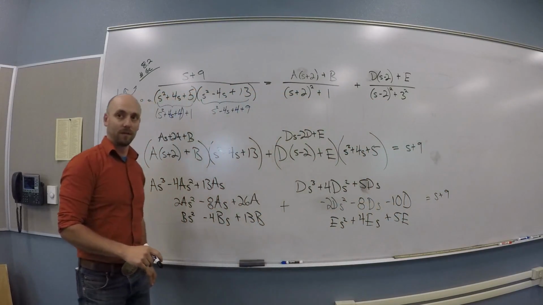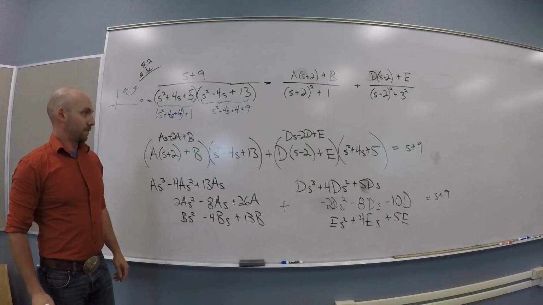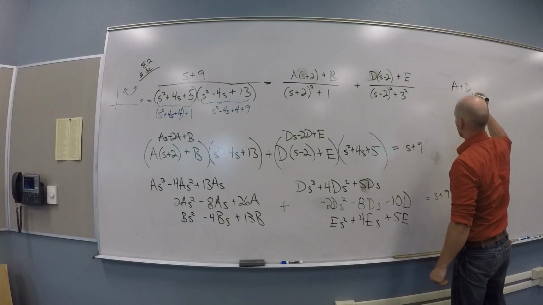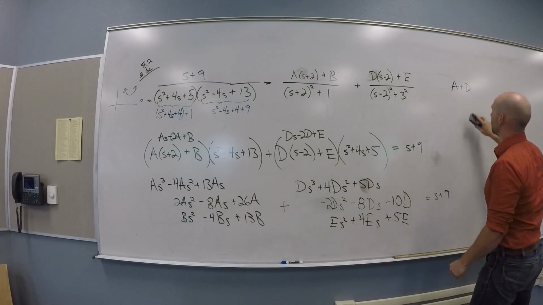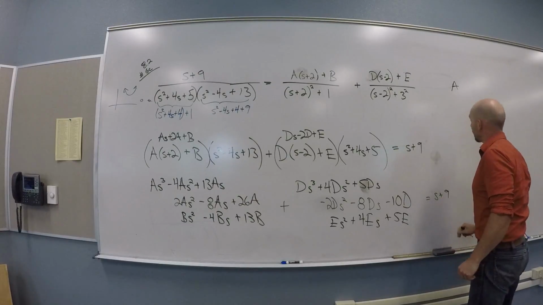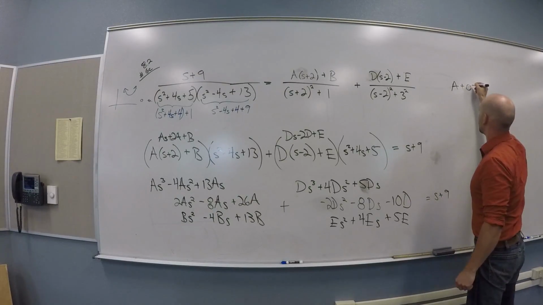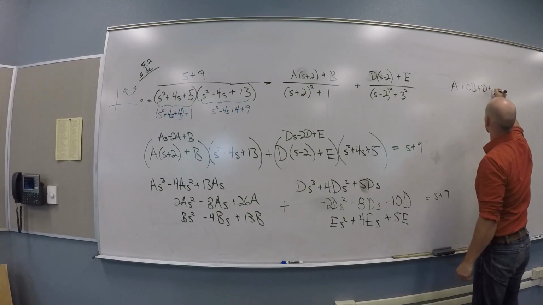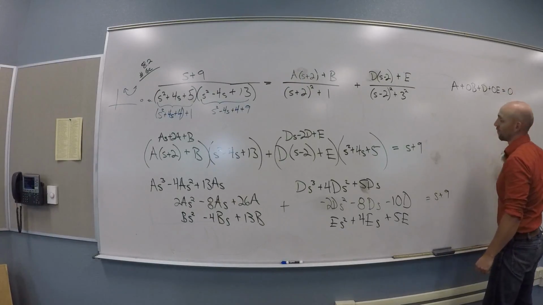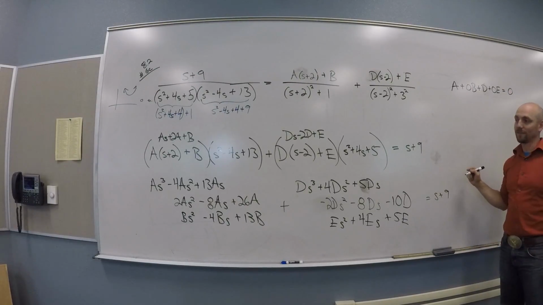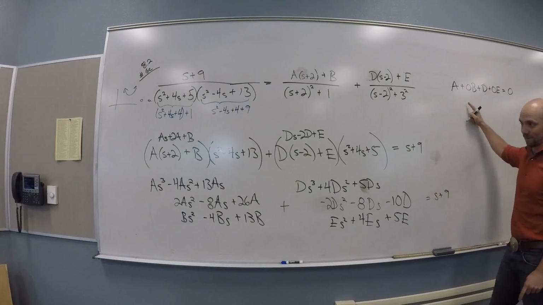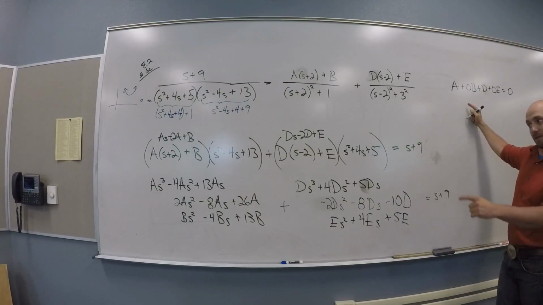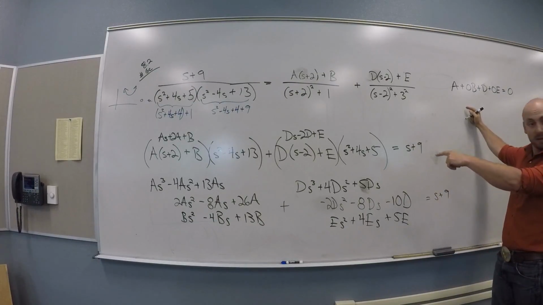So out of that you get A plus D equals 0. Let's not be dumb, A equals negative D. A plus 0B plus D plus 0E equals 0. That's A plus D is 0. Then I have, what else? I have this whole thing about s squareds, right?